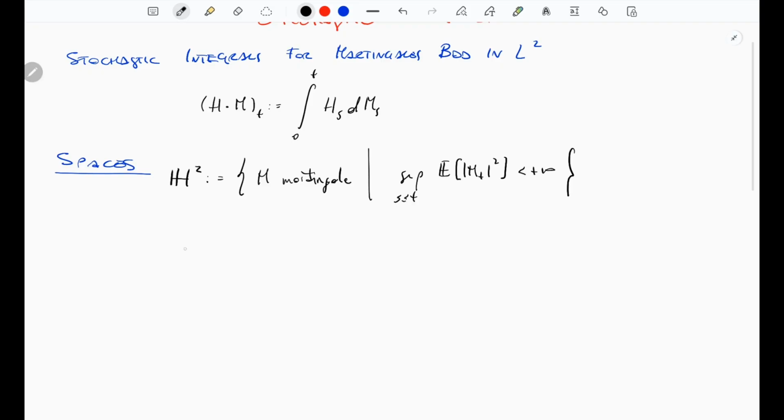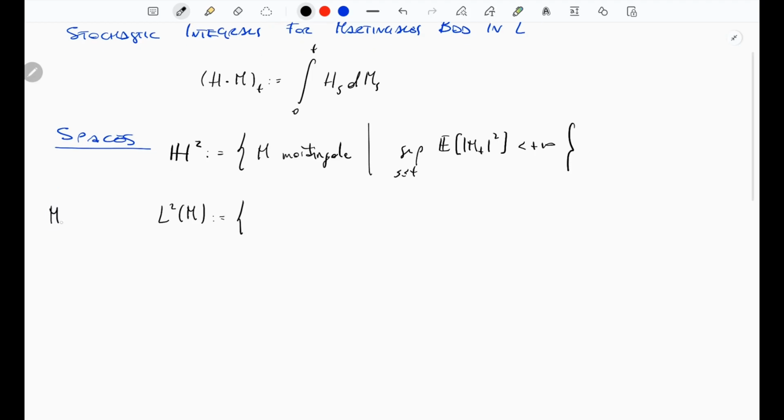And what is H? H is going to be living in what we will be calling, now I'm not sure this is standard notation, that's the way I've been taught, so that's the way I'm telling you, but it's just notation, you can call it whatever you want. So for every M in H2, every bounded martingale in L2, L2(M) is a set of H progressive, and I'll say what progressive means in just a second, such that we need some bounds.